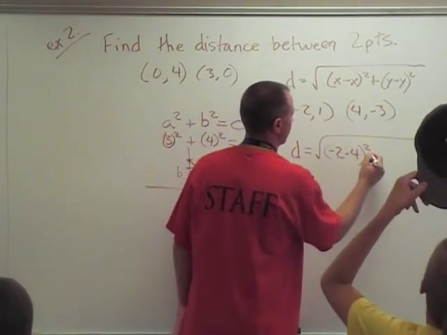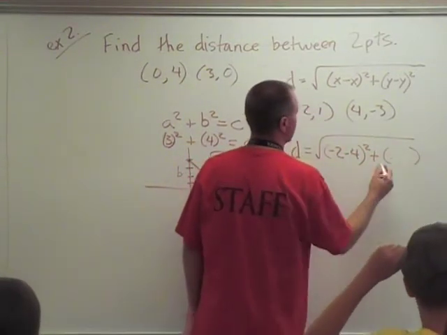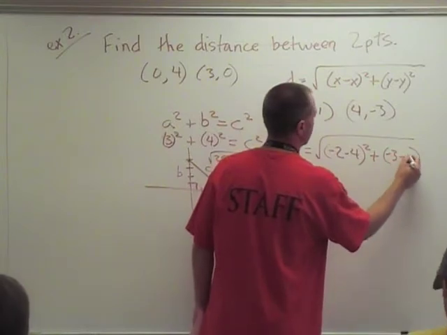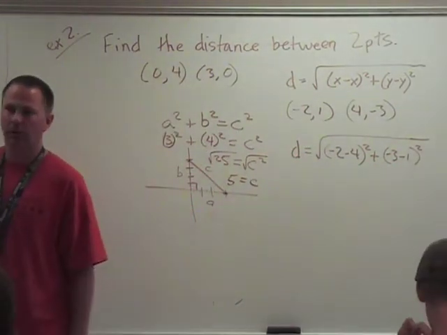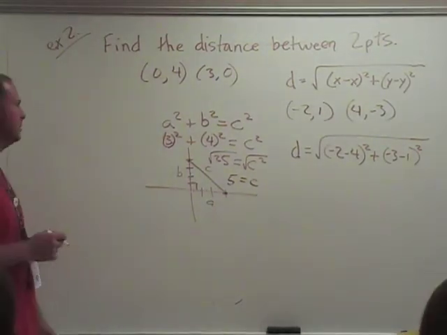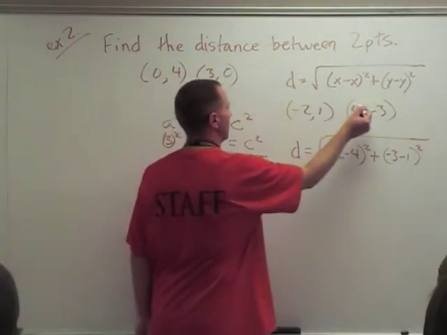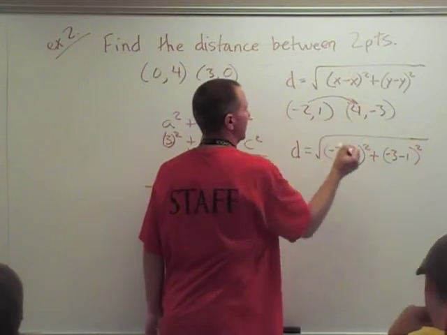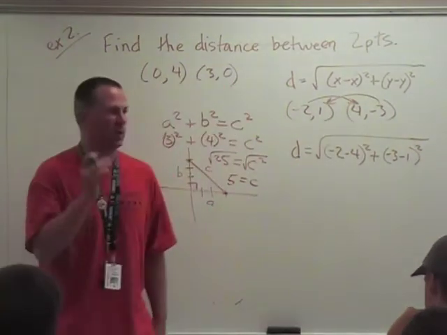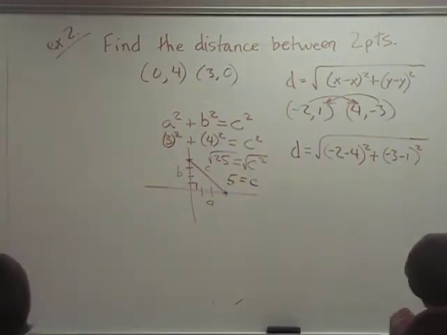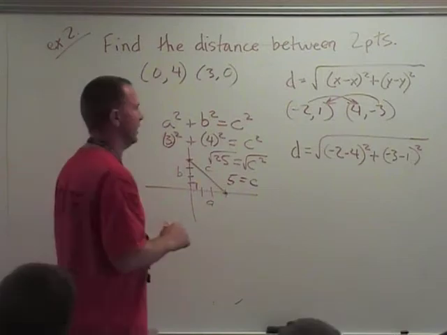And I'll just do everything in a different order, just to show you that it works. Subtracted my x's. -2 minus 4. And then I subtracted my y's, and I went this direction. When you do your slope, you can't do that. It doesn't matter here because we're going to square the values.